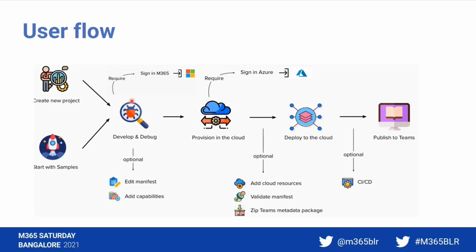Now to understand the Teams Toolkit, let's see the user flow. When we say user flow, this is from the developer's perspective and not from the end user perspective, like what you have to do when you want to create a Teams app, right? So there are two options: either you start creating a new project or you start with a sample. There are different sample templates available in GitHub, which can be our base point to start a new project.